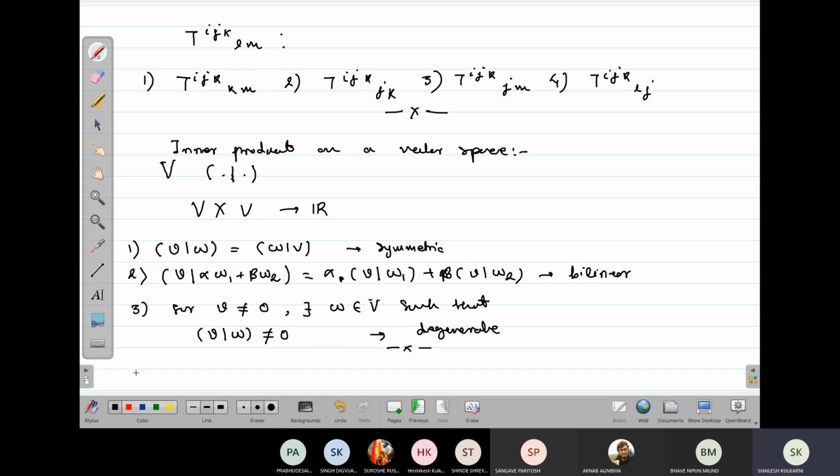Then the following holds. V inner product with V is greater than or equal to 0.